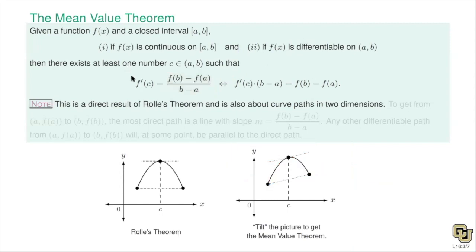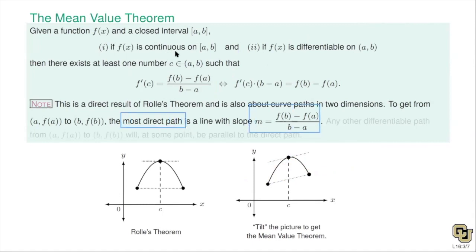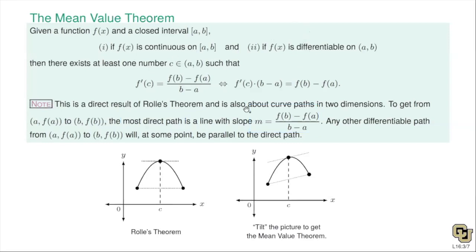The idea is that to get from a, f of a to b, f of b, from the left endpoint to the right endpoint, the quickest way is the most direct path, which has slope f of b minus f of a over b minus a. Any other path that's not the most direct path will at some point have to be parallel to the direct path. I think of any non-direct path as taking the direct path, breaking it up into little steps, and spreading it out.